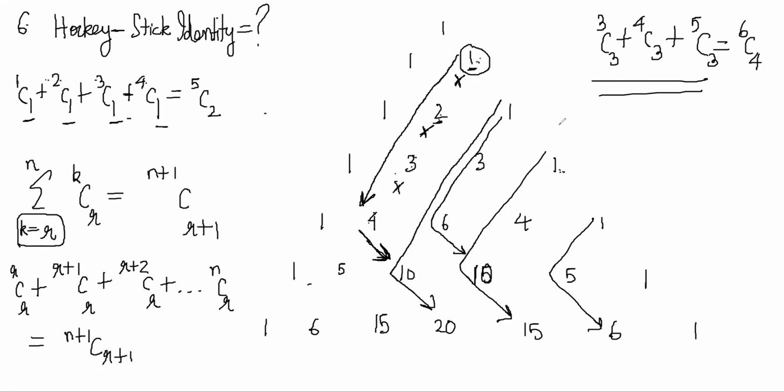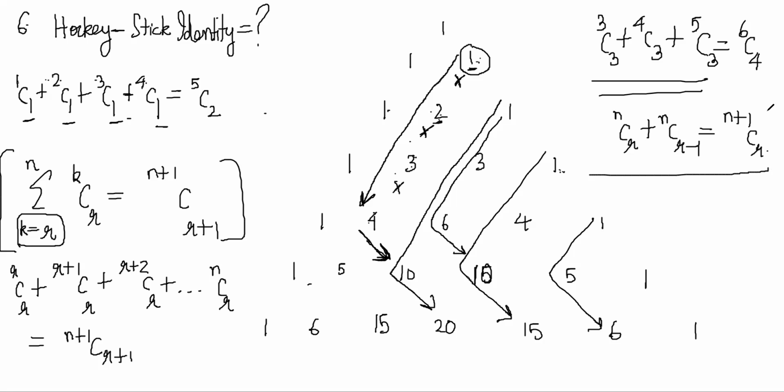So this is an important identity. You will see many times that you have to add things like this. Keep in mind the previous fifth one, the Pascal's triangle basic identity: nCr plus nC(r minus 1) is equal to n plus 1 Cr.